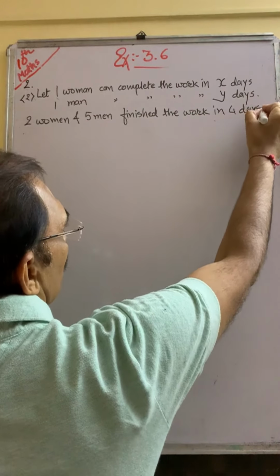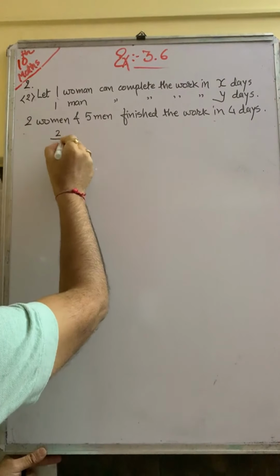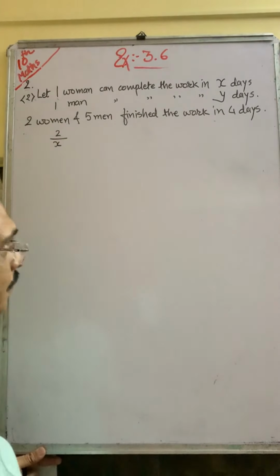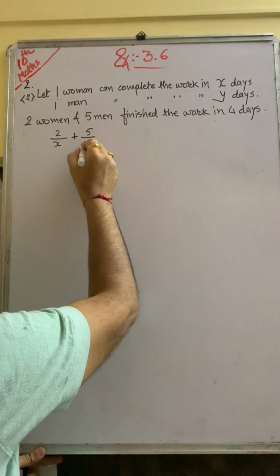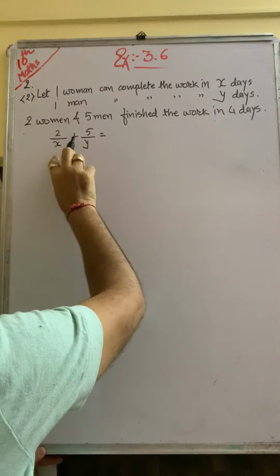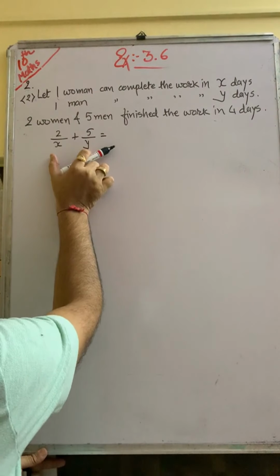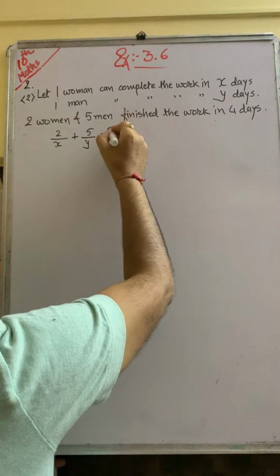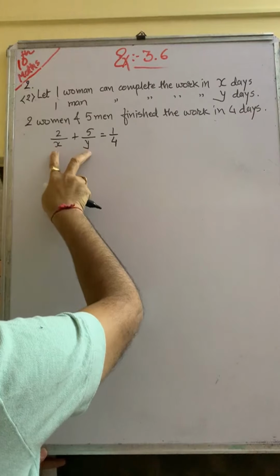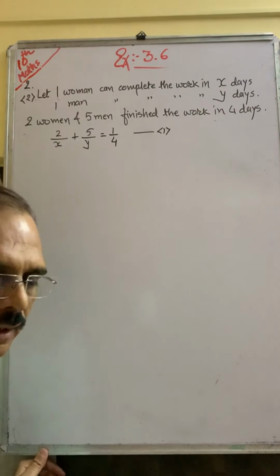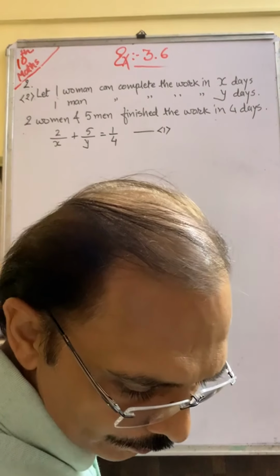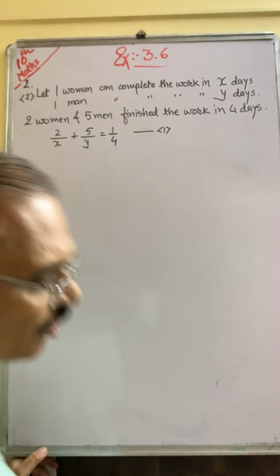The equation will be 2 upon X plus 5 upon Y. X and Y are days and we place them reciprocally because work and time are reciprocal. Then 4 days are also reciprocal, so 1 upon 4. Equation number 1.